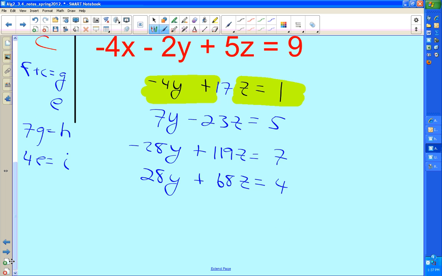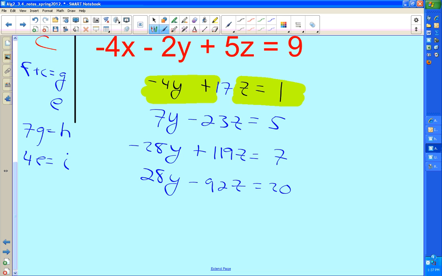Isn't it minus 60? Oh, sorry, I did the wrong equation. I did the whole top. So 4 times negative 23 would be negative 92z, and 4 times 5 would be 20. Good catch, thank you.